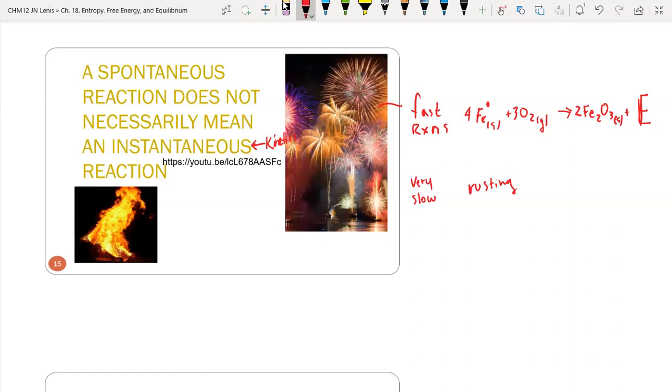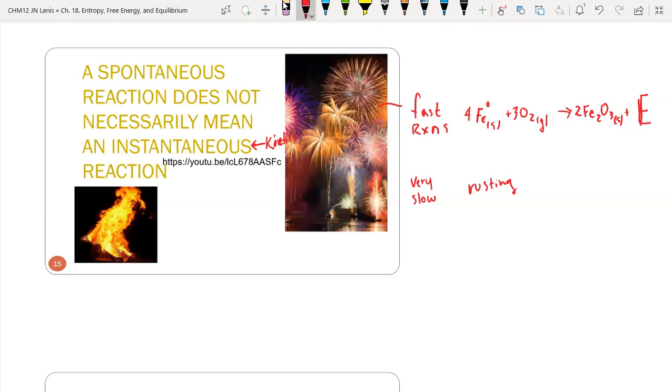So you can achieve these two processes in different ways. For example, you burn iron dust, so you increase the surface area, and you provide enough kinetic energy, so that reaction is going to be fast. So a high temperature.